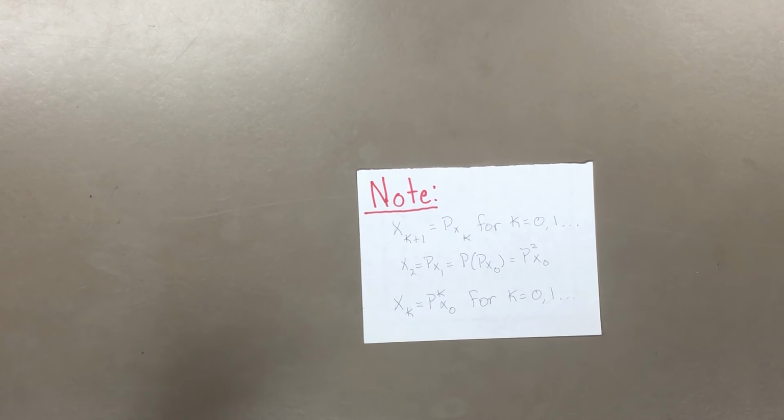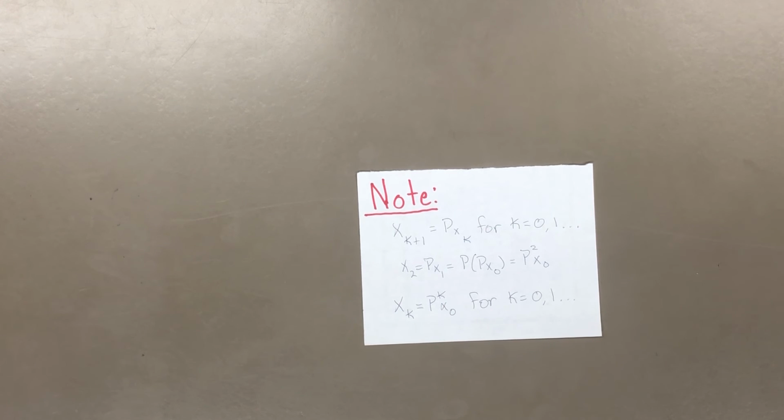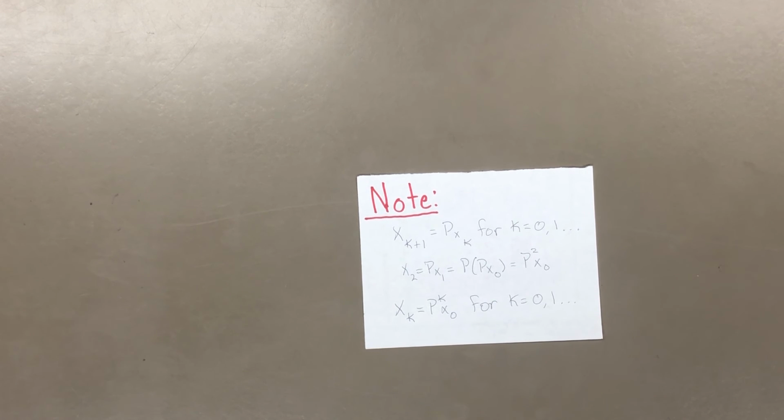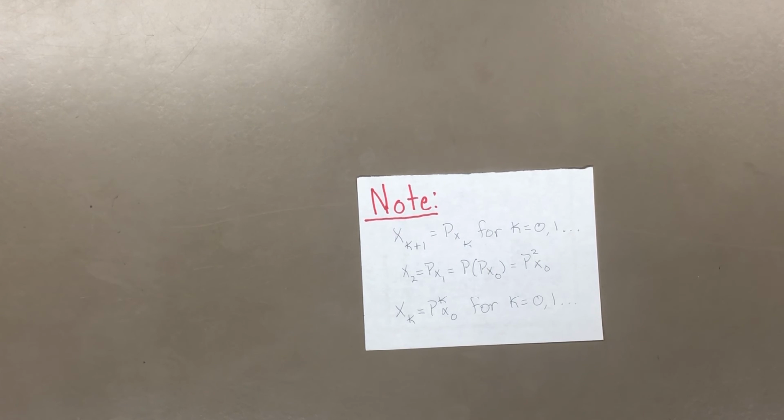As you know from before, x sub k plus 1 equals P x sub k for k from 0 to infinity. x2 equals P x sub 1, which is the same as P times P x sub 0, which equals P to the second power times x sub 0. So we have this new equation, x sub k equals P to the k times x sub 0.